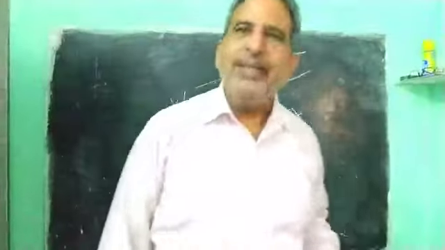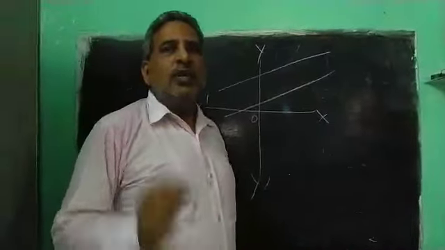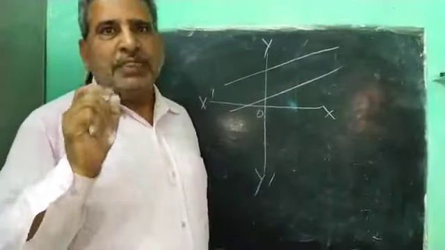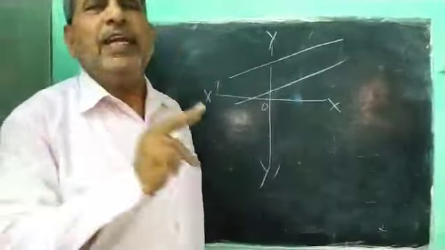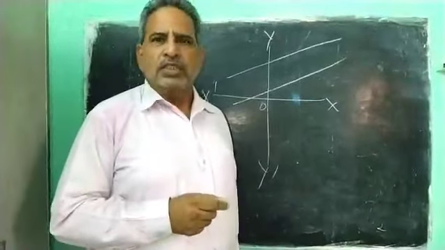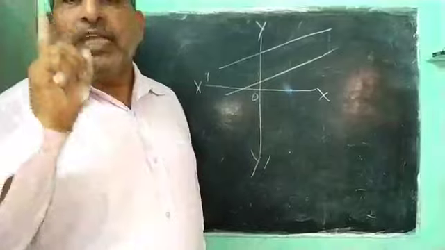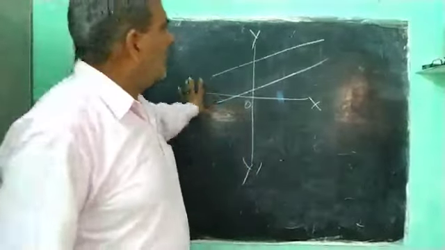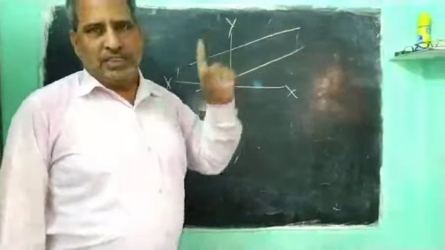So this is the graph for no solution. That means when any two given linear equations in two variables have no solution, then we get a graph like that, parallel lines.